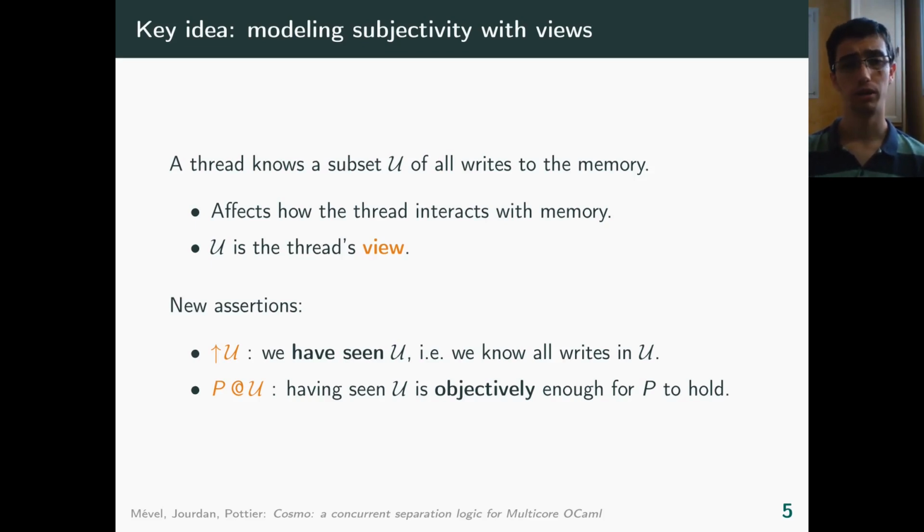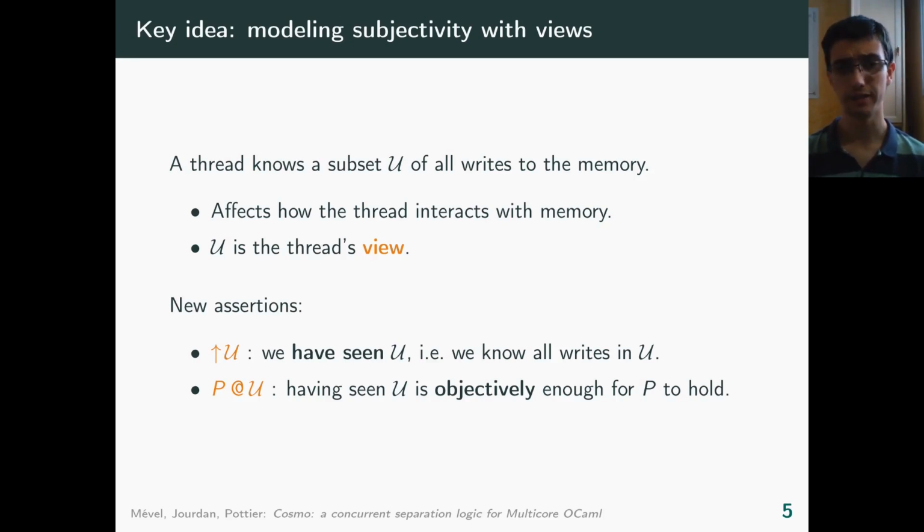For example, let's say that P relies on knowing a given write event, then it requires the current view to contain that write event, so certainly P is subjective. But instead, we can assert that whatever the current view is, if it contains that write event, then P holds.